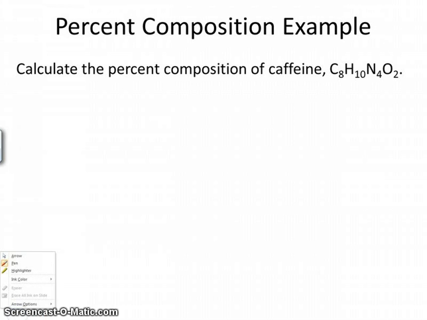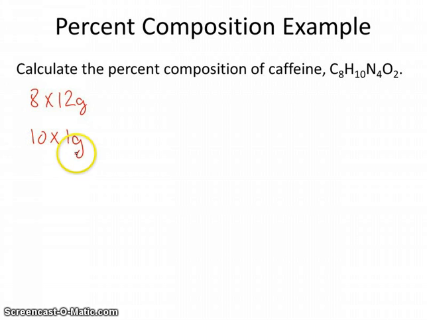So here's an example of this. To find the percent composition of caffeine, first thing we're going to need is the molar mass of caffeine. So caffeine is made up of 8 carbon atoms and 10 hydrogen atoms and 4 nitrogen atoms and 2 oxygen atoms.